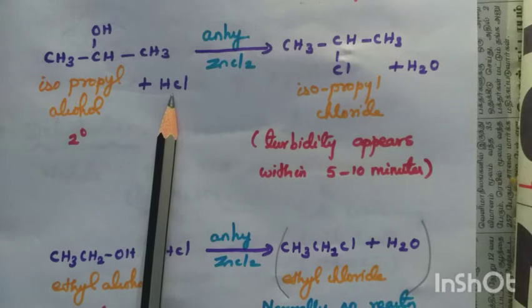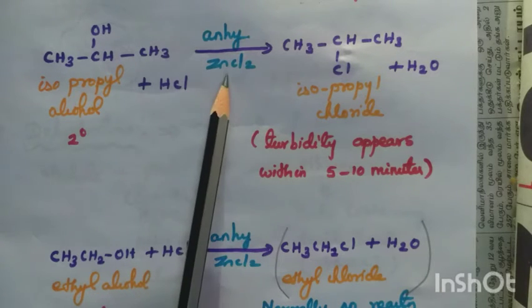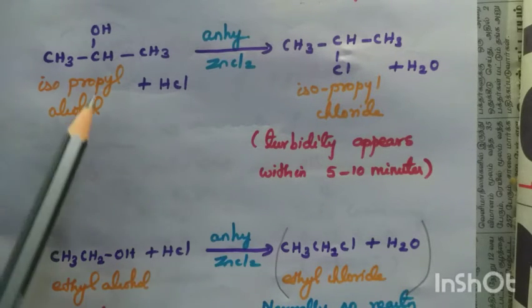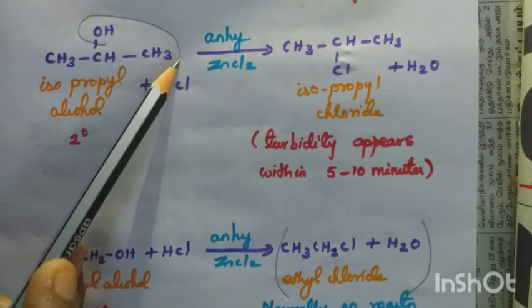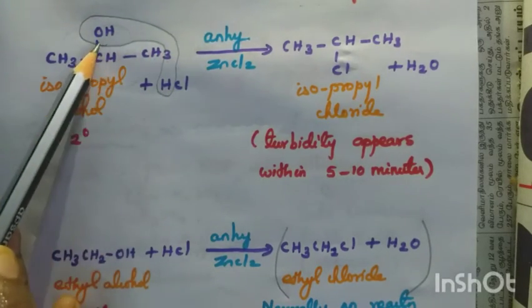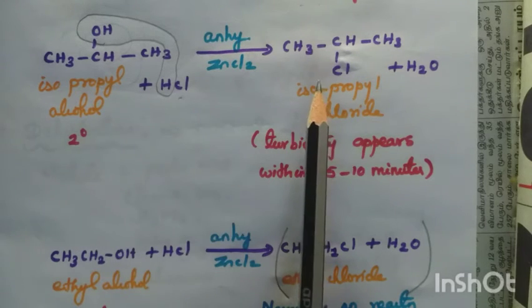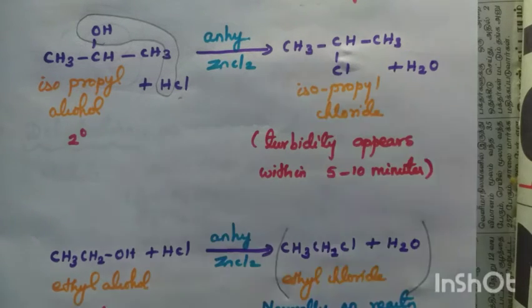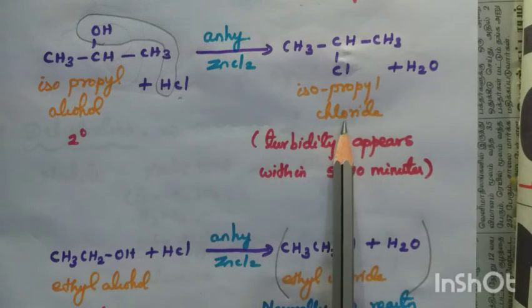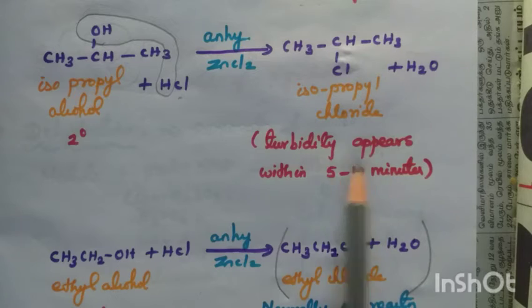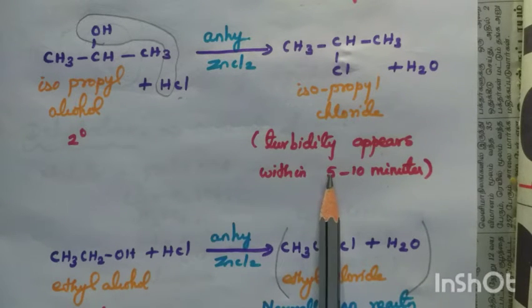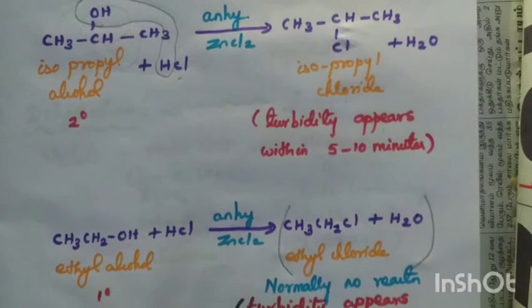The Lucas reagent is concentrated HCl and anhydrous zinc chloride. How does the reaction take place? OH and H go out as a water molecule. Instead of OH, we substitute Cl. So we get isopropyl chloride, and turbidity appears within 5 to 10 minutes. Tertiary alcohol means immediately; secondary alcohol means up to 5 to 10 minutes.